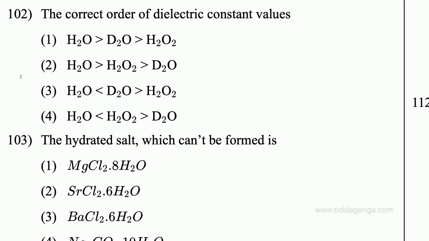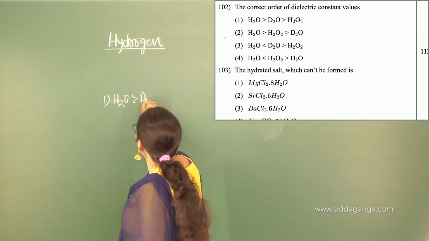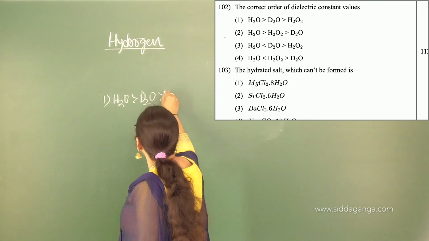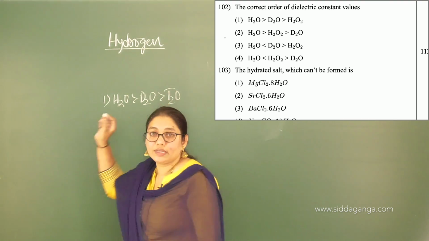The correct order of dielectric constant value is the first one, because so many times I told you: H2O greater than D2O greater than T2O. That is the order.